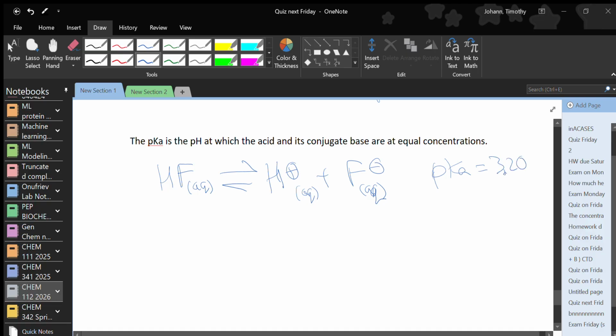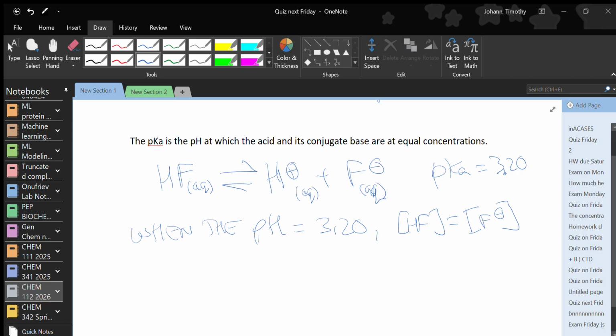What that tells us is when the pH equals 3.20, the concentration of HF is equal to the concentration of F minus. These two things are equal. We're going to talk about buffers later, and that's really important in terms of buffers. A lot of you are in here probably because you're taking biology, and buffers are going to be important in there.